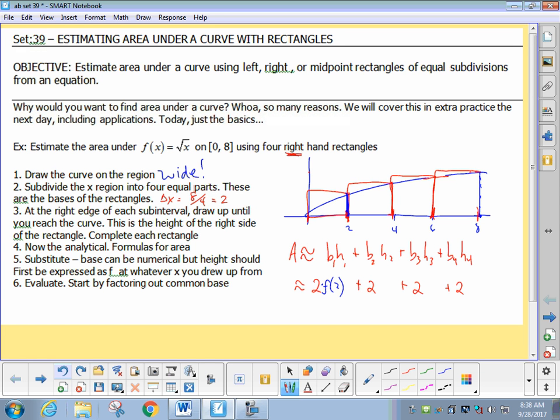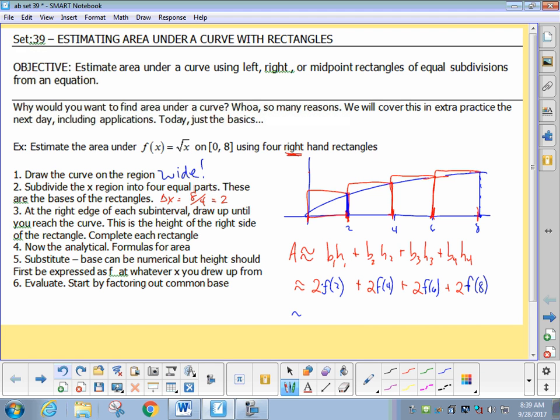The first height is what the function is, the y value at 2. The next height is the y value at what x? 4. And the third height is f at 6, and the last height is f at 8. All right. That's the substitution I must see.